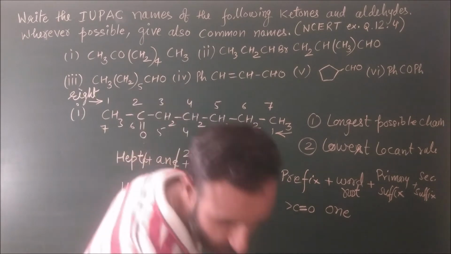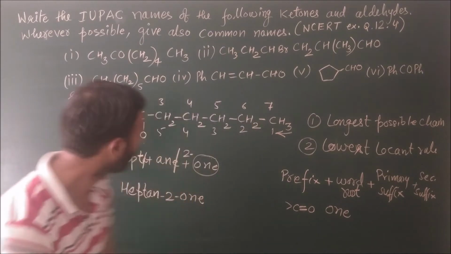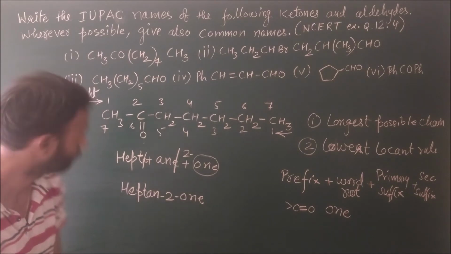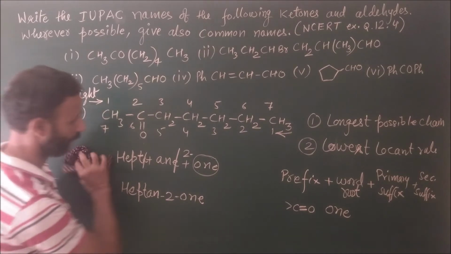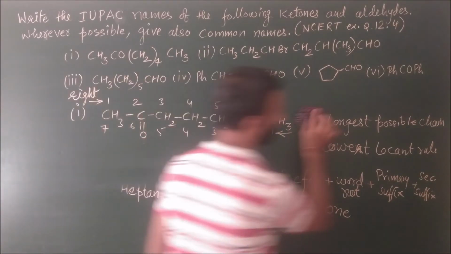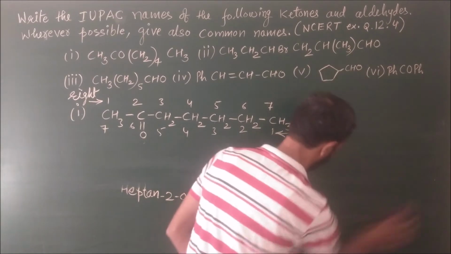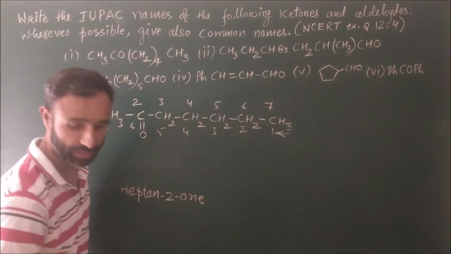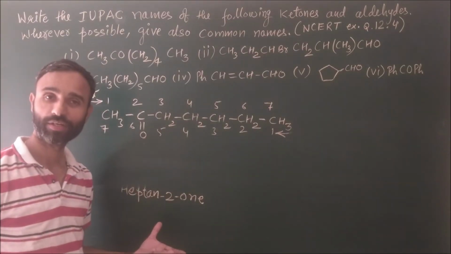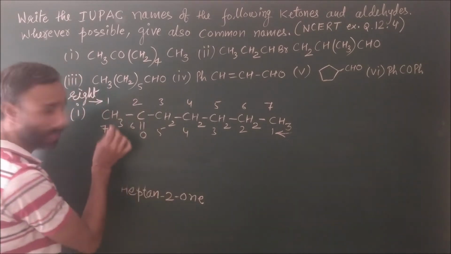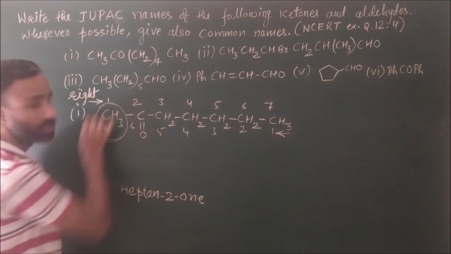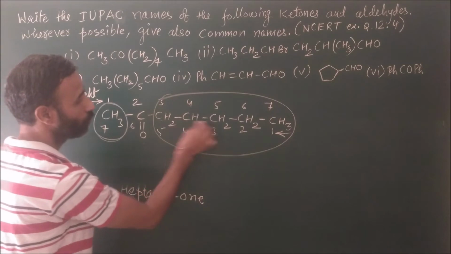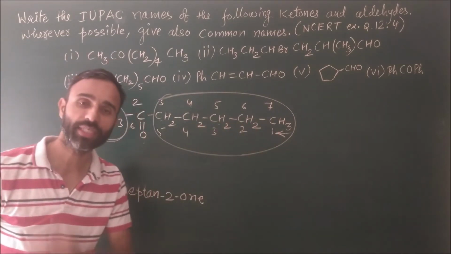So heptan-2-one is the name of this particular molecule. Right. Next, what is its common name? Let us write its common name. On one side we have CH3 and on the other side we have 1, 2, 3, 4, 5, 5 carbons in the straight chain.